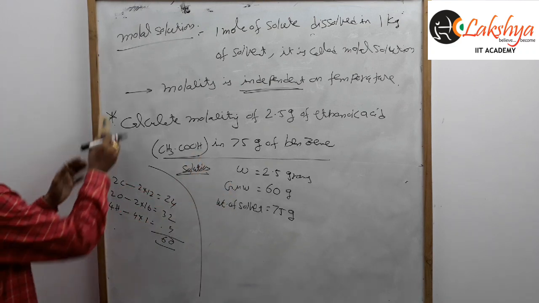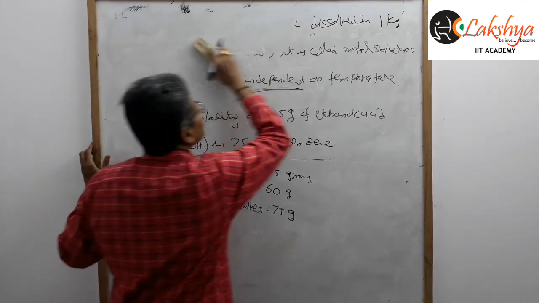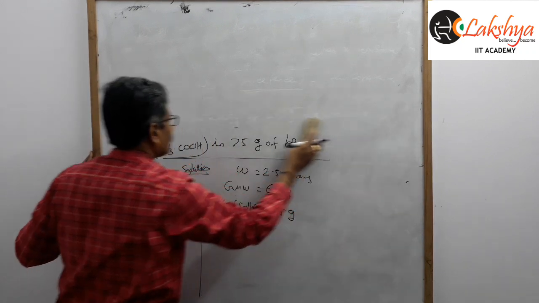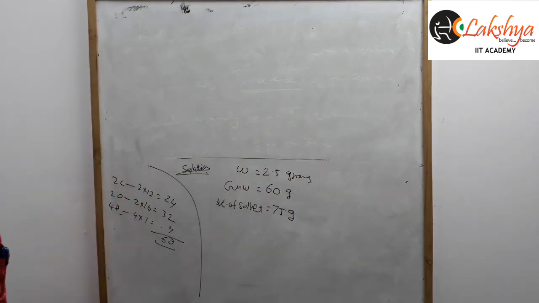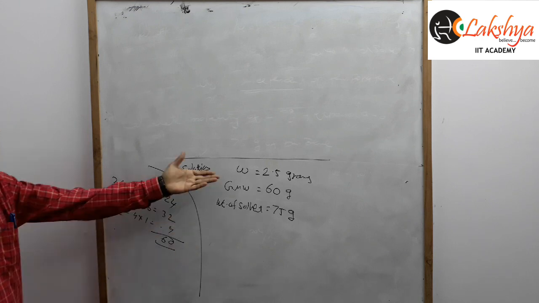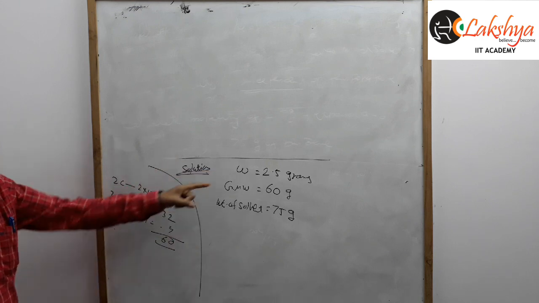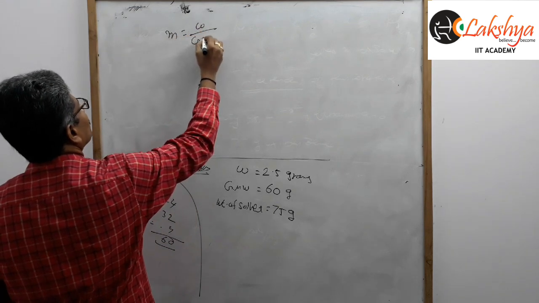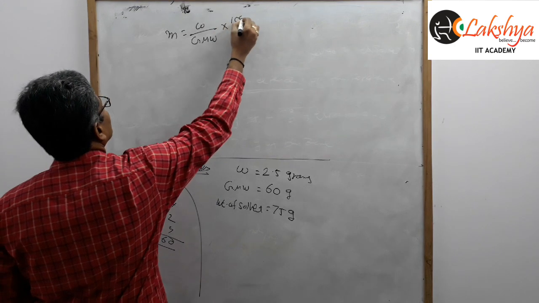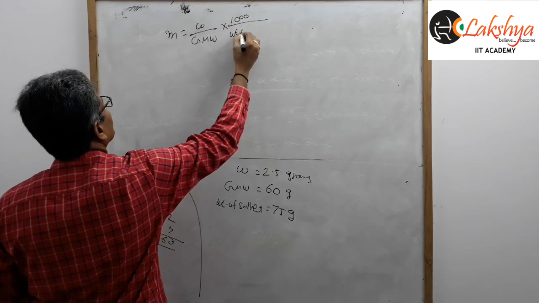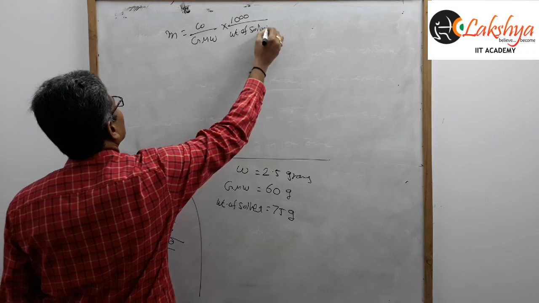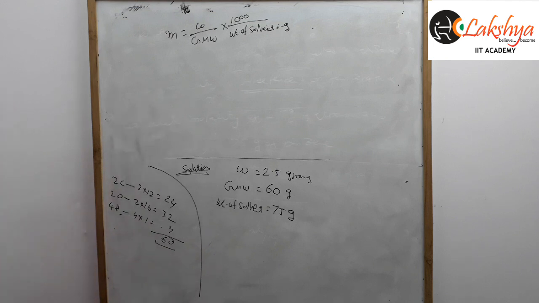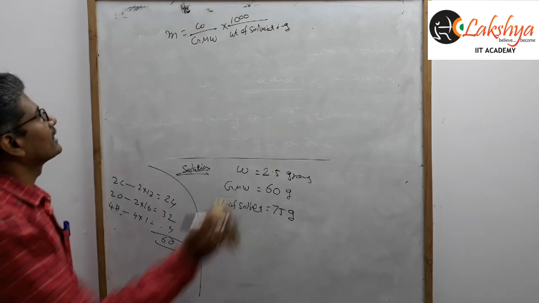Then which formula is suitable for calculation of molarity? See this one. Molarity calculation. Formula: molarity is equal to weight of the solute by gram molecular weight into 1000 by weight of solvent in grams.